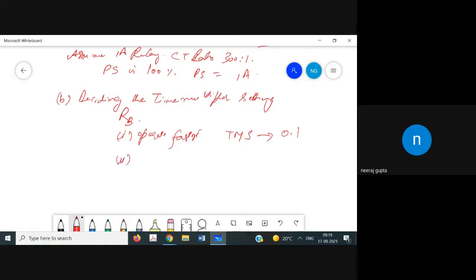Point 2: to maintain the selectivity between RA and RB, the following constraint must be met, as I already told you in the last lecture.